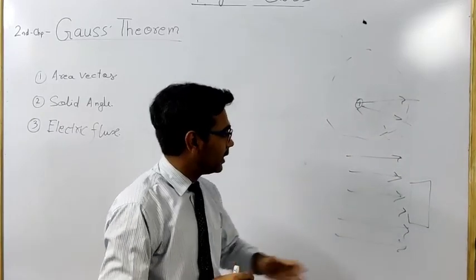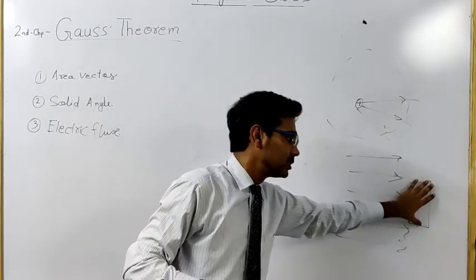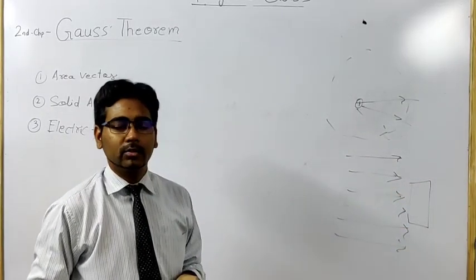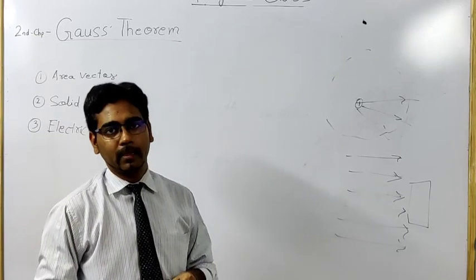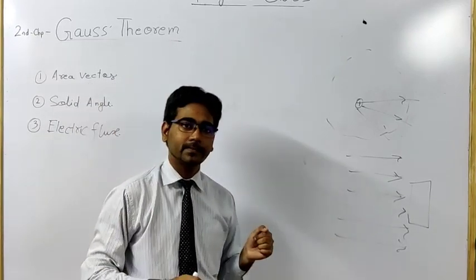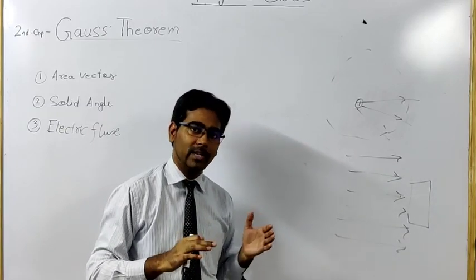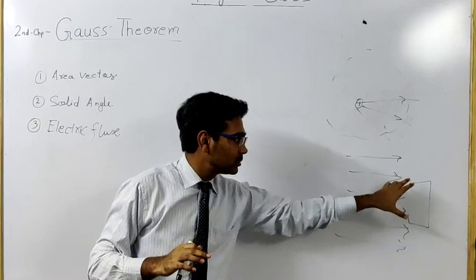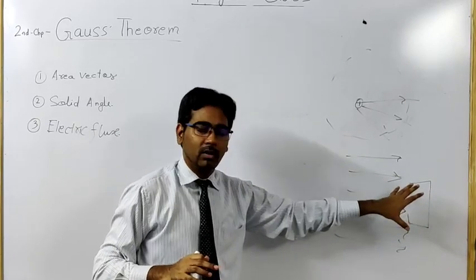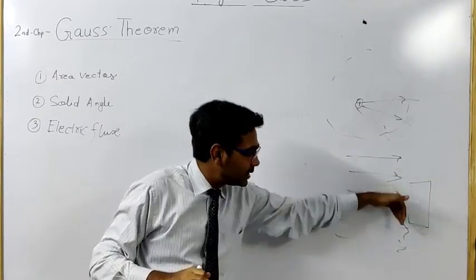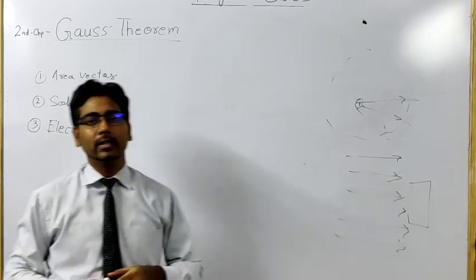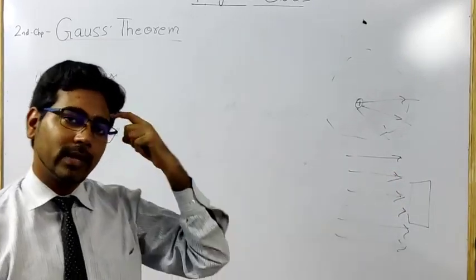So how many lines of forces? 2 lines are passing through this entire area. So what is the flux? 2. So electric flux is the measure of the number of electric lines of forces passing through a particular area or surface which is being held inside an electric field. That is our electric flux.